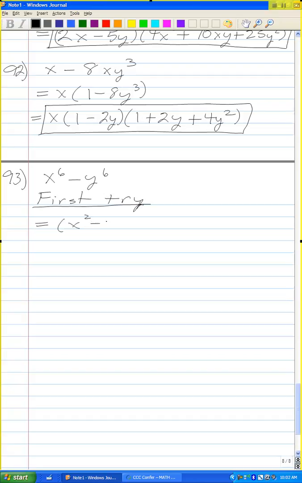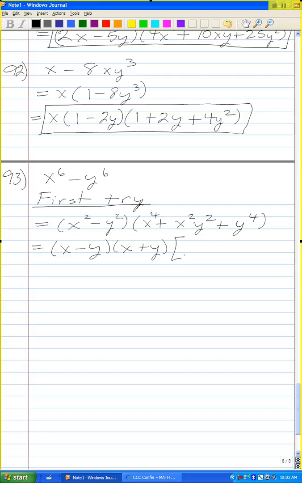Cube root of y to the 6 is y squared. Square the first term. Change sign. Multiply the two terms together. Oh, I'm sorry. The first term squared is x to the 4th. Take the last term and square it, y to the 4th. And so this is the difference of squares, x minus y times x plus y.